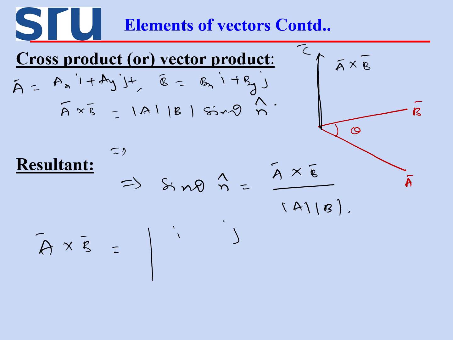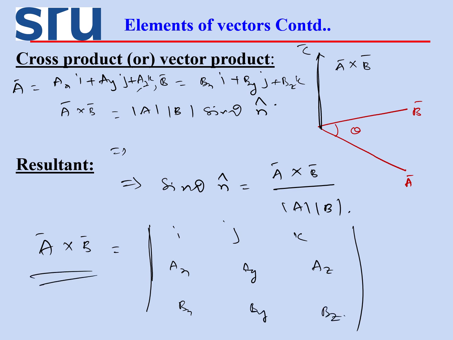If we consider three dimensions, A equals AX i plus AY j plus AZ k, and here also B equals BX i plus BY j plus BZ k. So i, j, k. Write the first row i, j, k, the next row AX, AY, AZ, next BX, BY, and BZ. By using this procedure, we can determine A cross B.